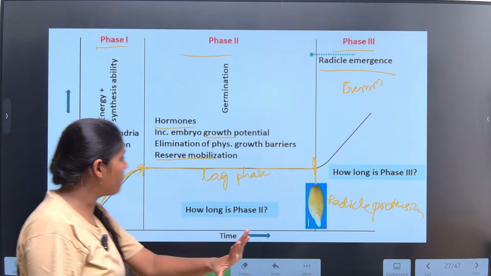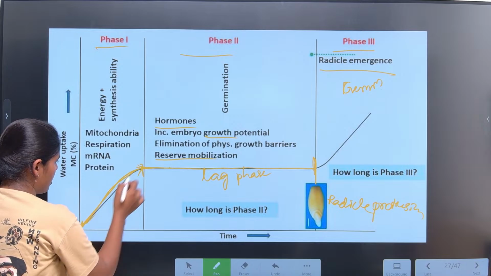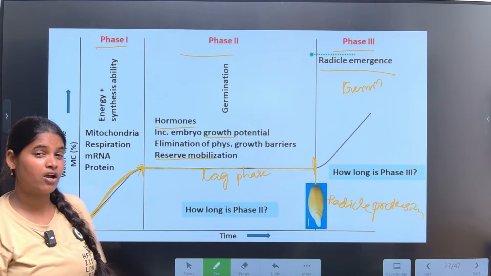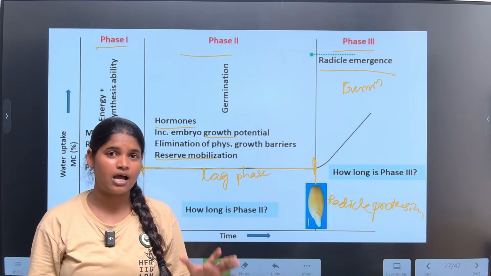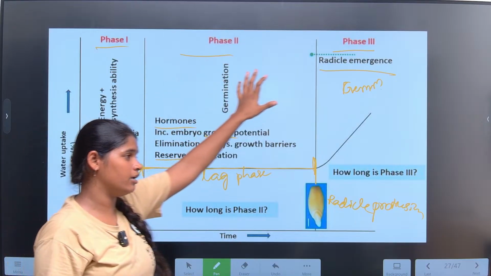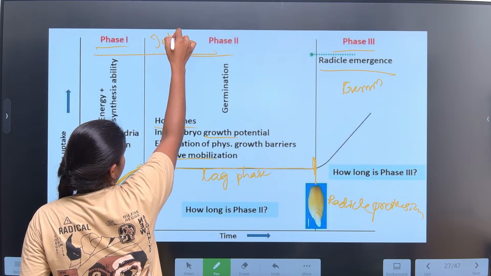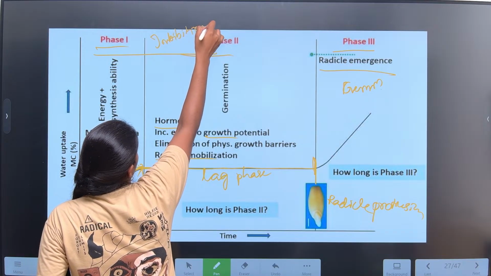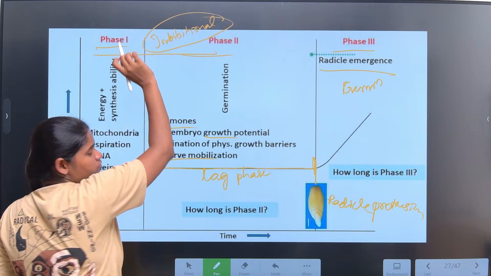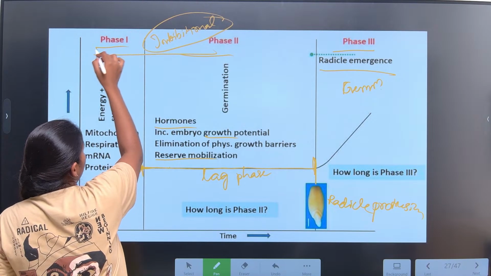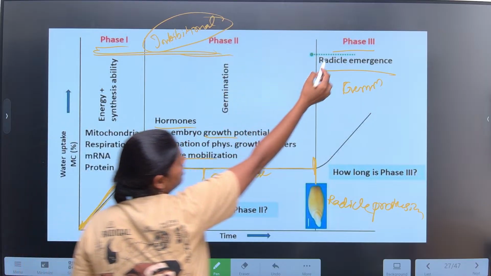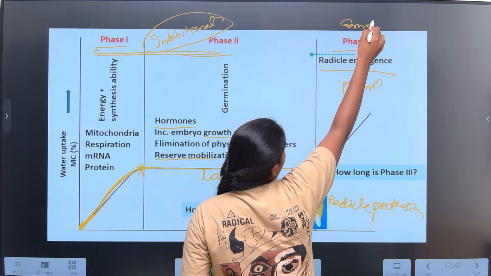So remember the phases where the seed is taking up water: phase 1 and phase 2, both. So both these phases are imbibitional. Don't confuse, not only phase 1 is imbibition. Both of these are imbibition phases, and this is where actual germination takes place.